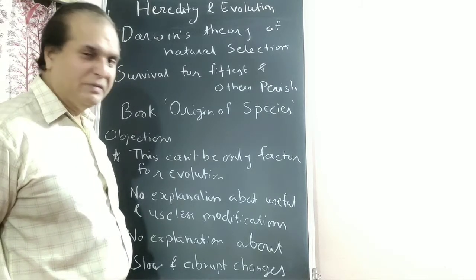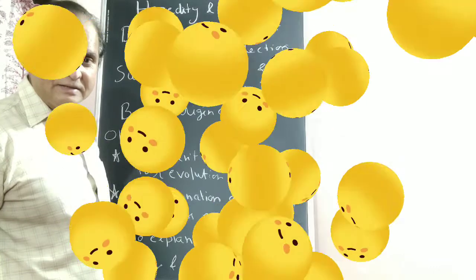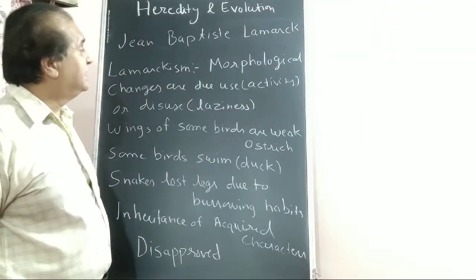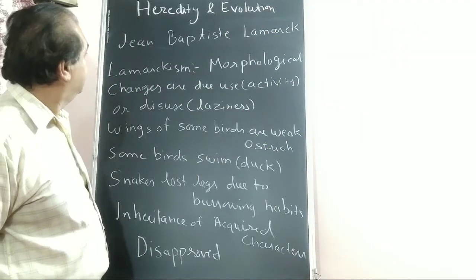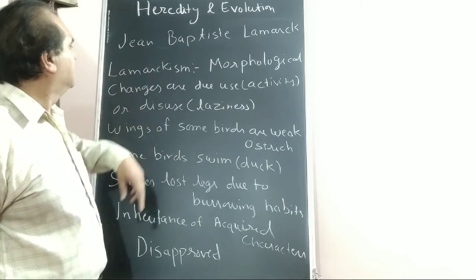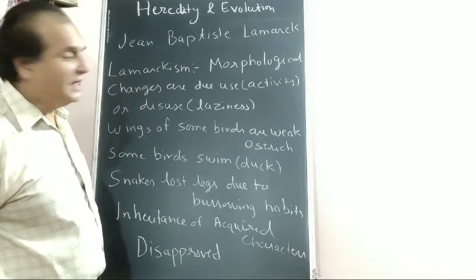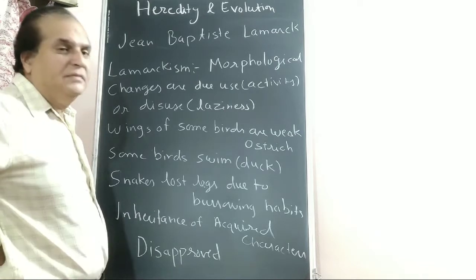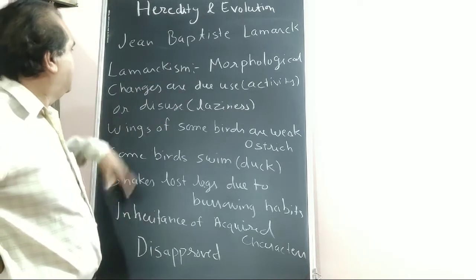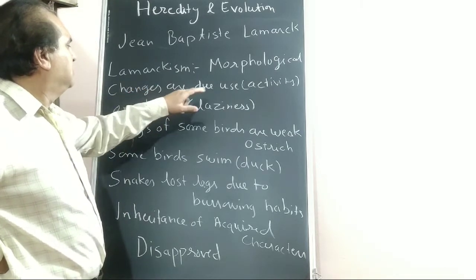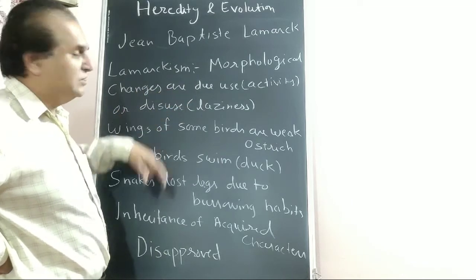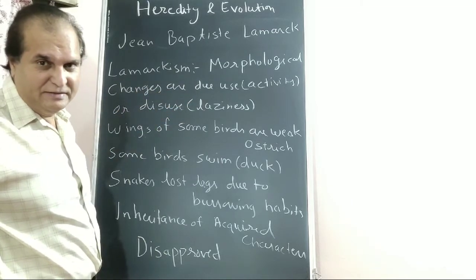Okay? We'll go ahead. Next theory is Lamarckism. Jean-Baptiste Lamarck wrote the theory, Lamarckism. According to him, morphological changes are due to use, meaning activity, or disuse, that is laziness.